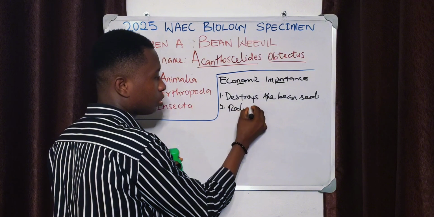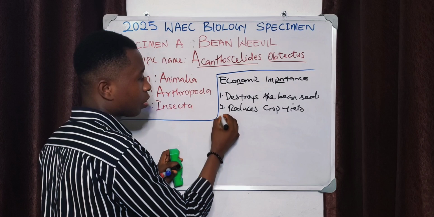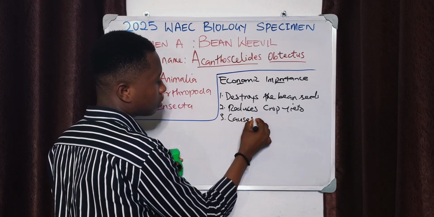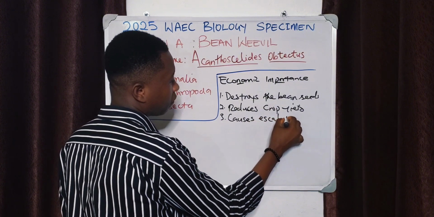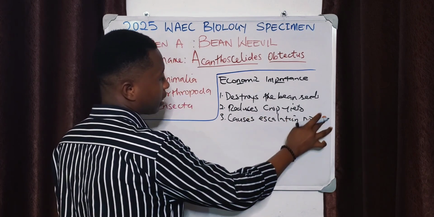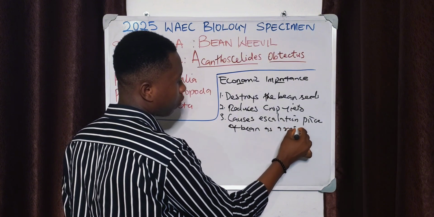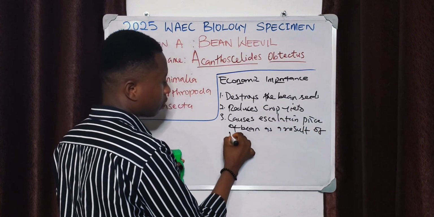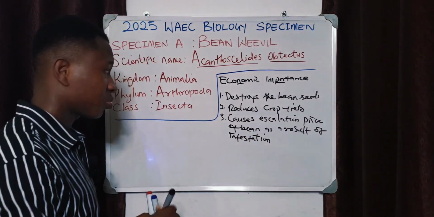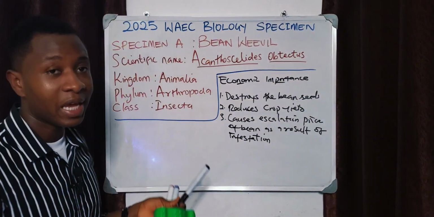It reduces crop yield. It causes escalation of the price of bean as a result of infestation, and so on. So these are the economic importance of specimen A, in case you are asked.